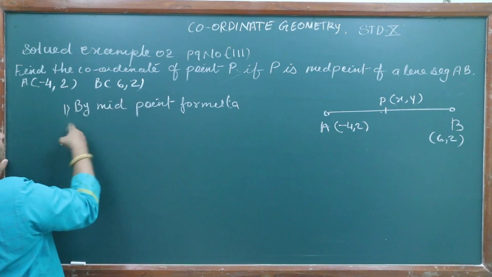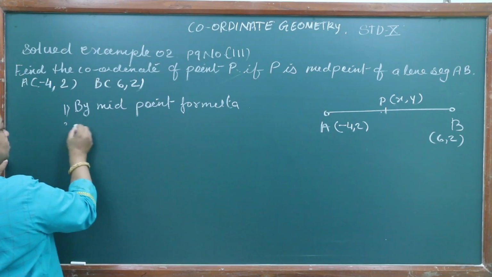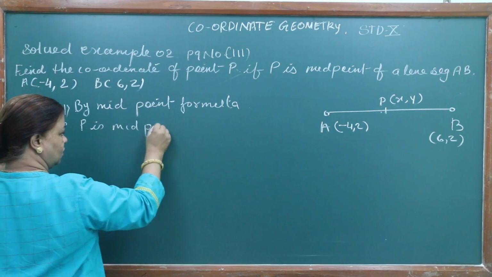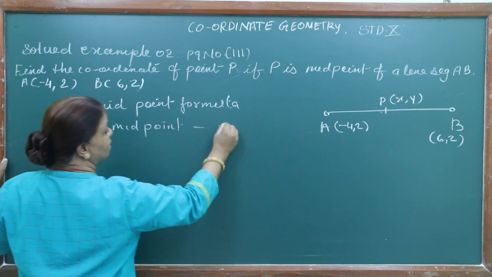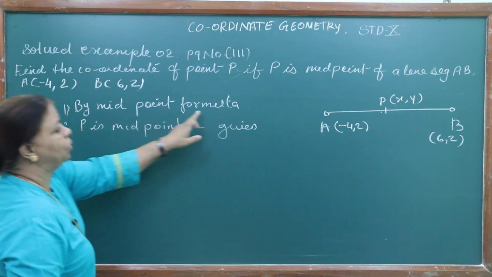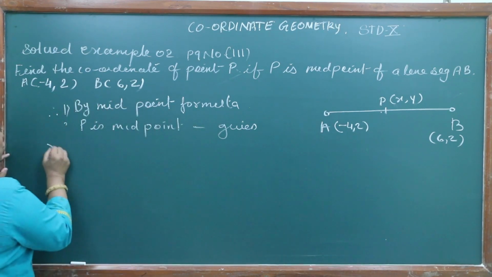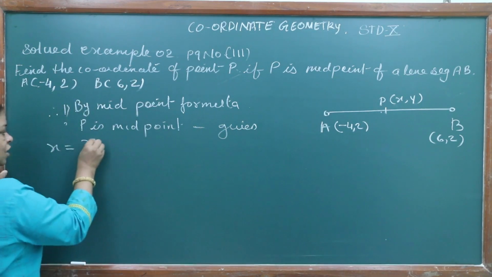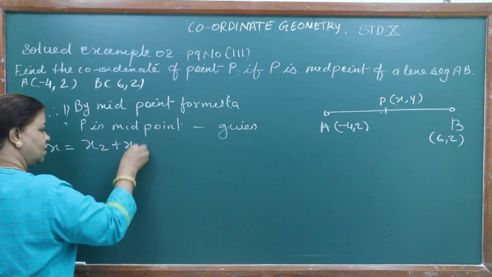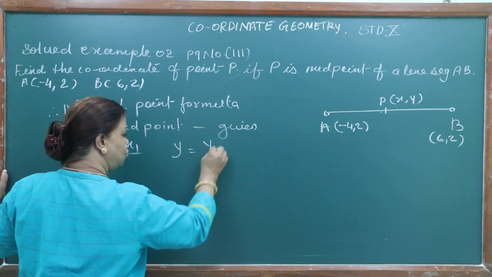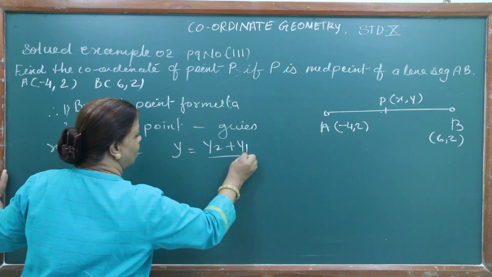First you should write P is midpoint, and the reason is given, and therefore by midpoint formula, the x coordinate will be x2 plus x1 upon 2, and the y coordinate will be y2 plus y1 upon 2.